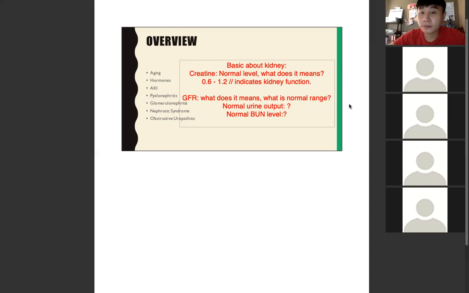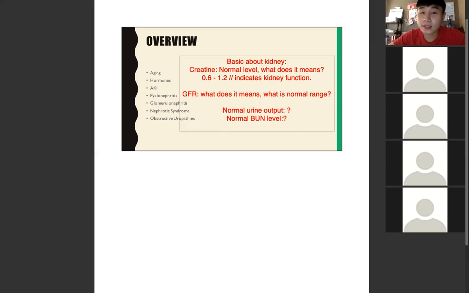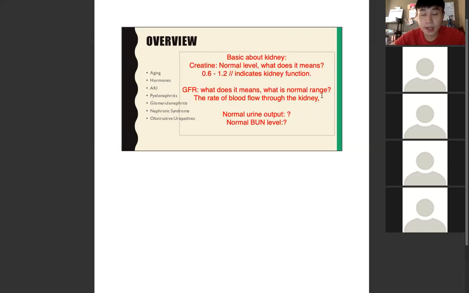And then GFR, I guess I'll go ahead and tell you guys as well. In Med-Surg 1, we learned about GFR. GFR is basically the rate of blood flow through the kidney. That is what GFR means. Usually above 90 is good, and below 15 will require dialysis.